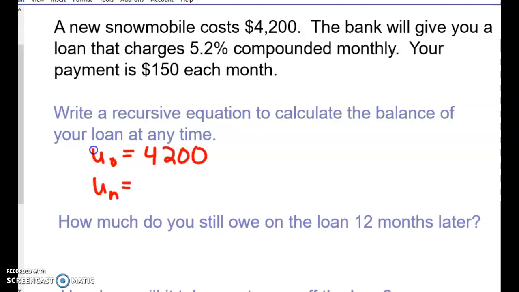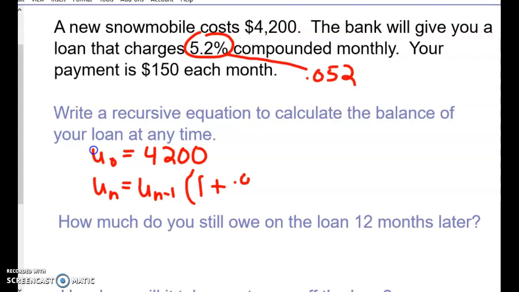So we're going to say that our first term, at 0 time, has a value of $4,200. We can always find the next term by taking the previous, and we're going to include the 1. Remember we talked about the 1 from yesterday? And also yesterday, remember we said if this was the annual interest, we would take it and divide it by 12. So if I change this to a decimal, this is 0.052.